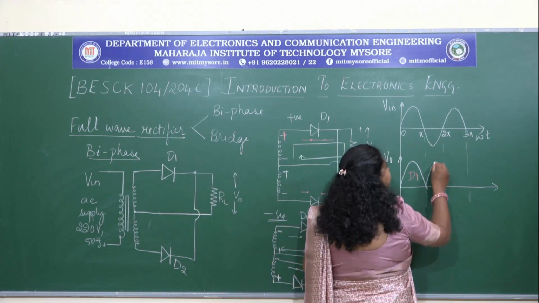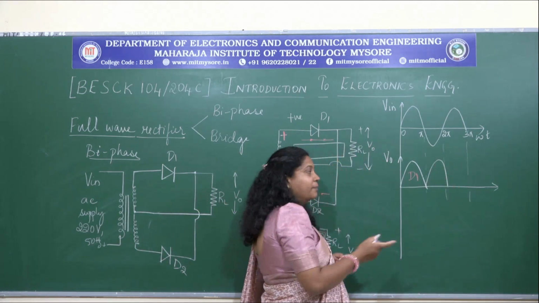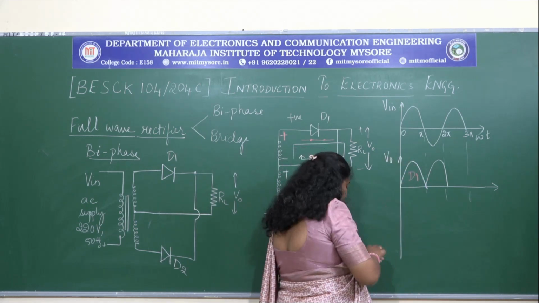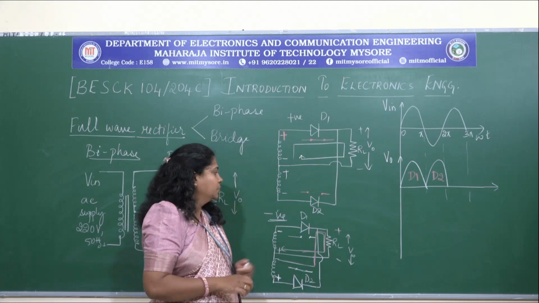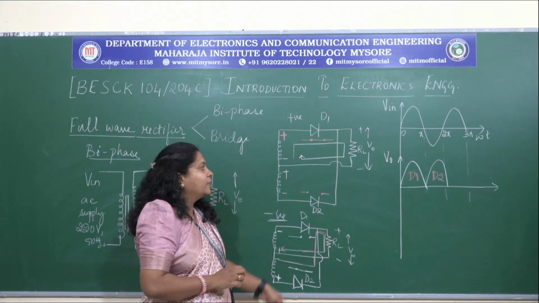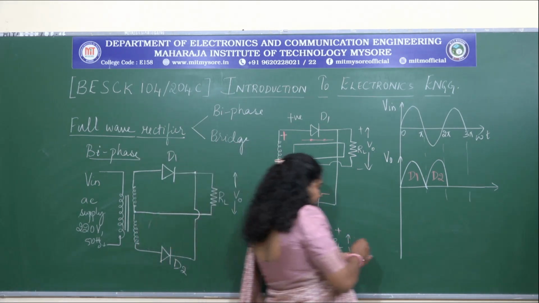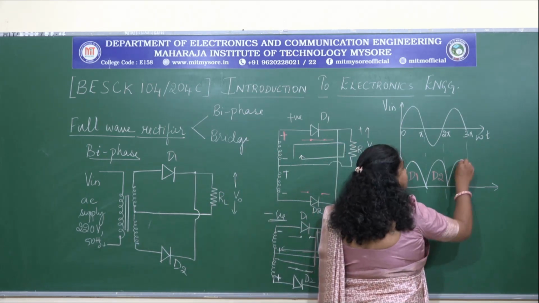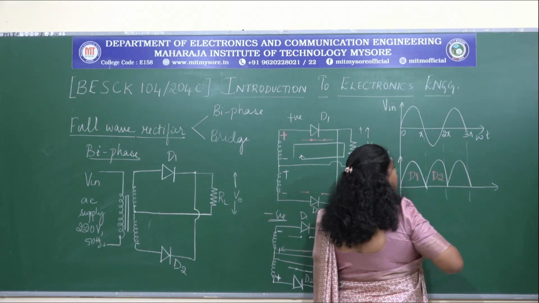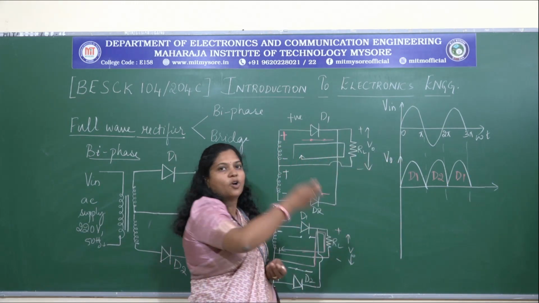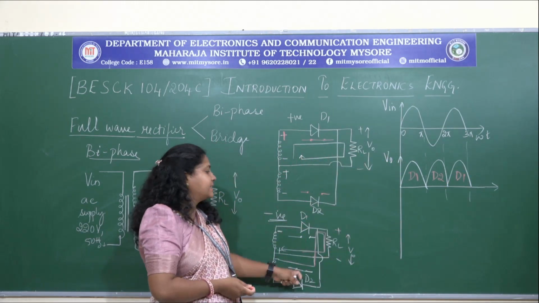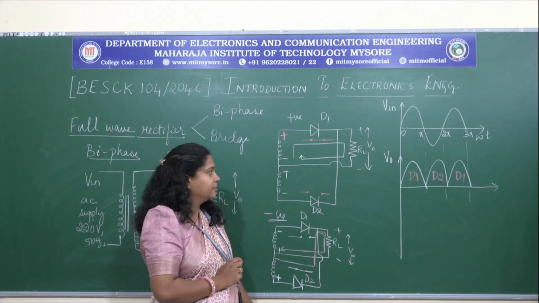So here also we get an output, but this output is the responsibility of diode D2. Clear? So next the cycle repeats. Again we get an output voltage here, and this output voltage is because of diode D1. This keeps on continuing as the cycles keep on repeating.